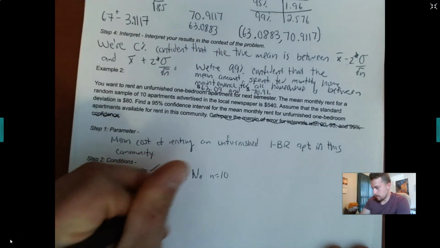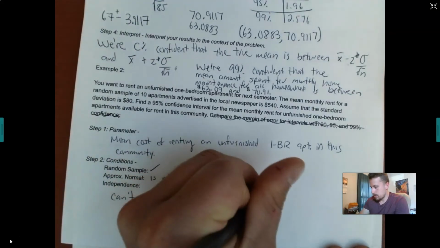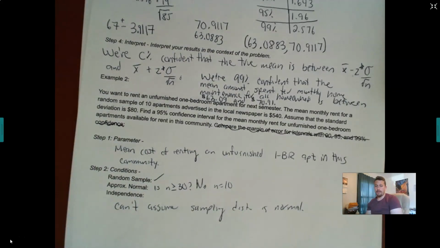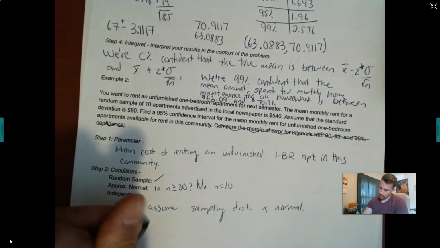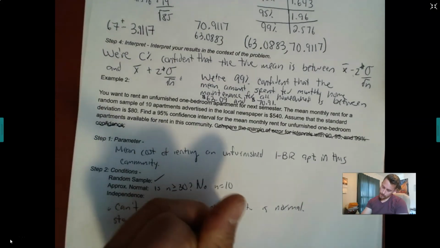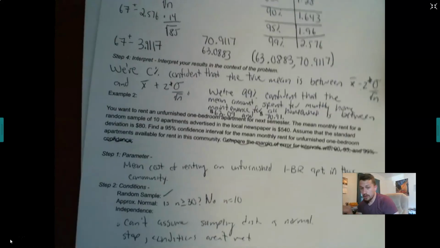Okay? So we can't assume the sampling distribution is normal. Right? We've only been dealing really with the normal distribution, so we're going to stop because the conditions aren't met. So that's it.